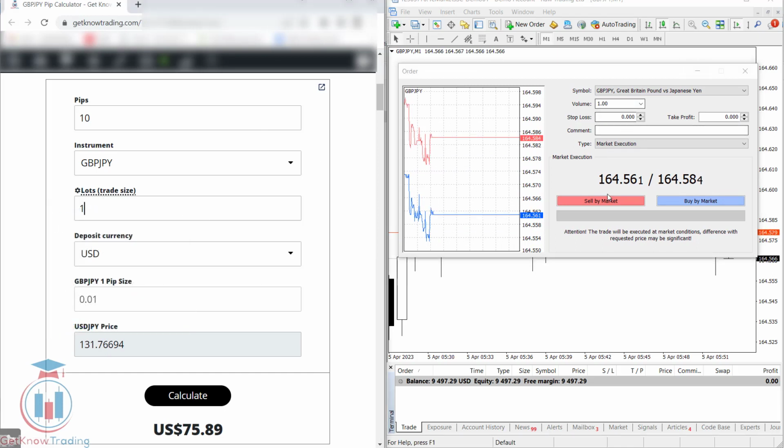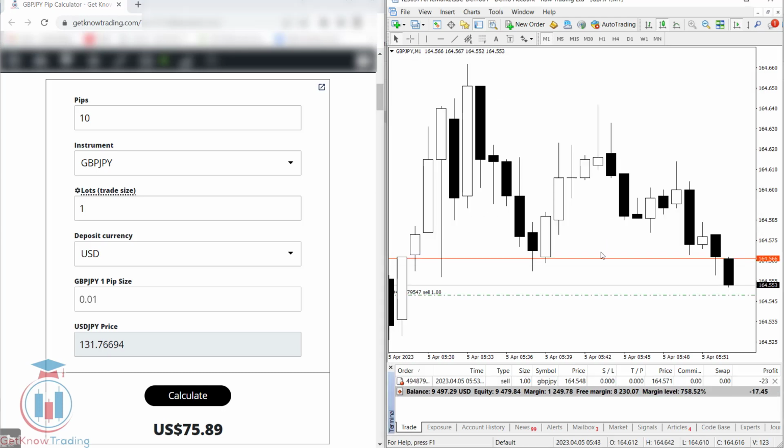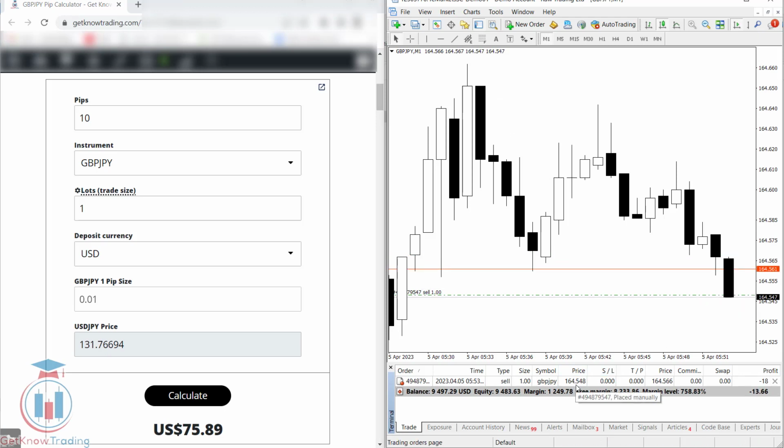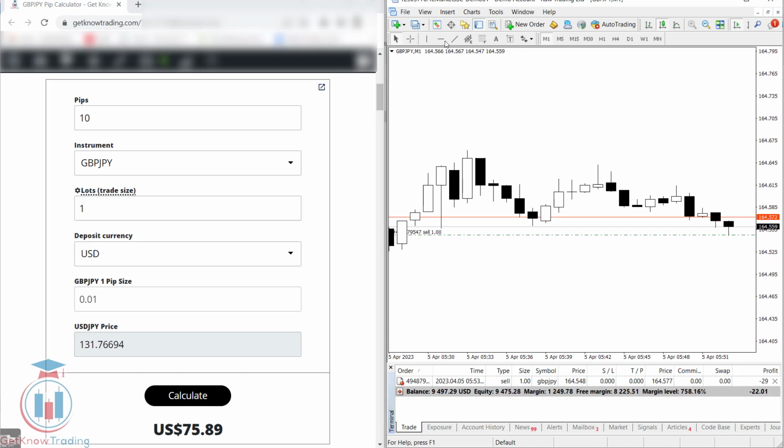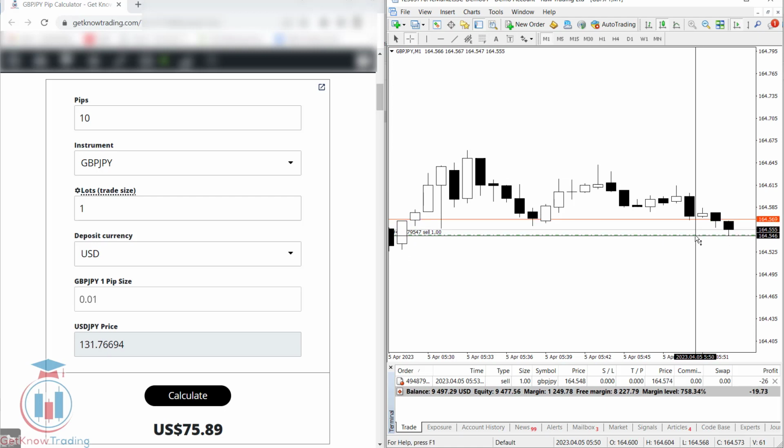So for example, you can open a sell by market order that will be open here at this market price at 164.548, and you are expecting that the price will go down 10 pips. So let's go down 10 pips, from 164.548 to 164.448, and that means a difference of 10 pips.